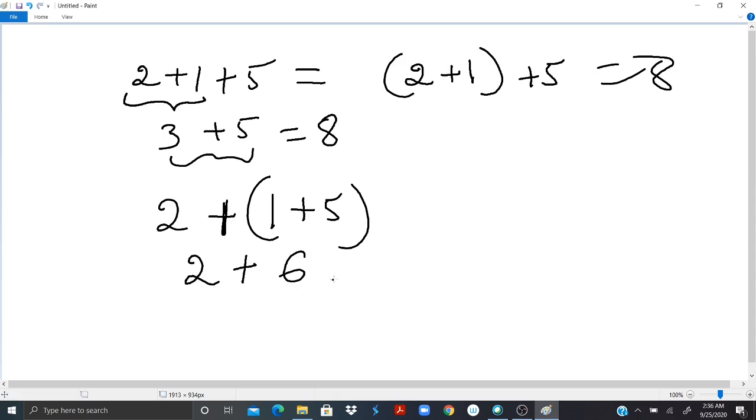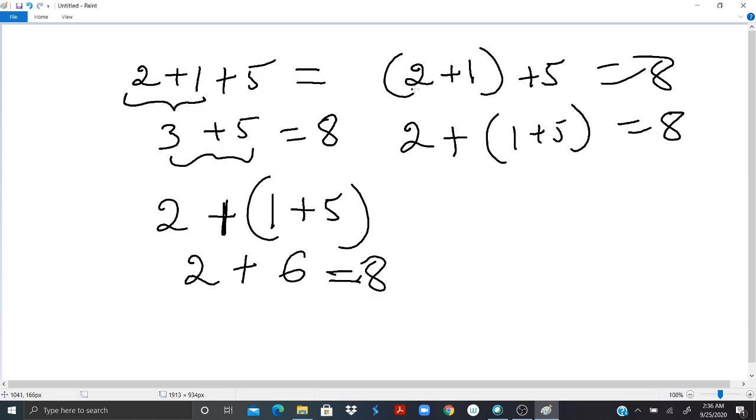So 2 plus 6, we still have 8. Now if you look at it, the position of the parentheses doesn't affect the result. The result remains the same, but the parentheses can change around the numbers. So that property is called associativity.